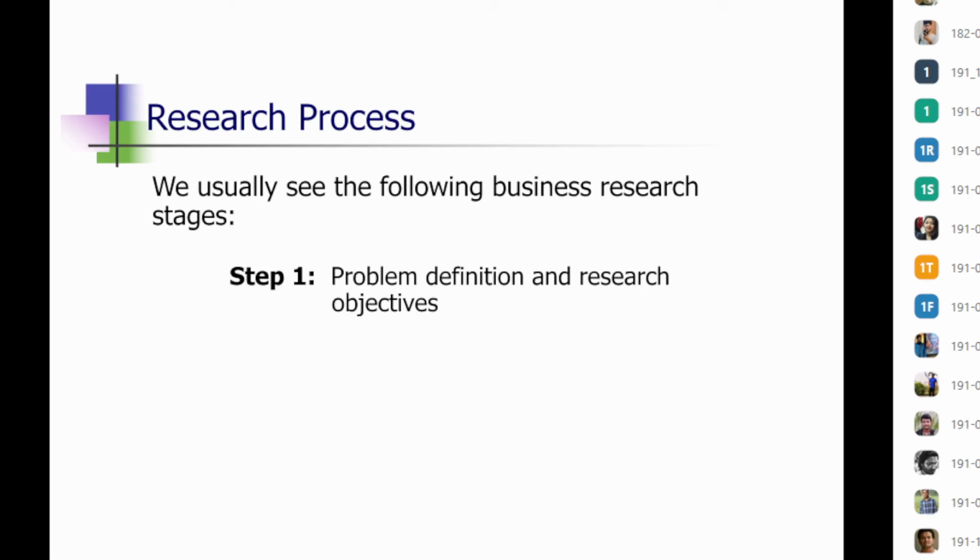The first stage or first step of the research process is problem definition and research objective. Second step is planning a research design. Step 3, planning a sampling and population.